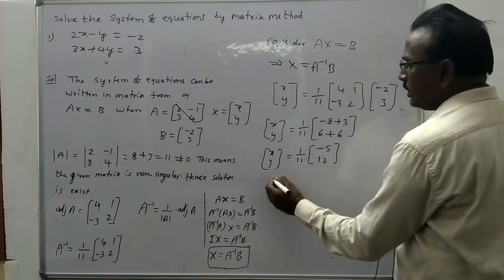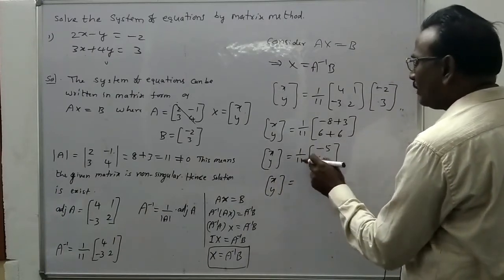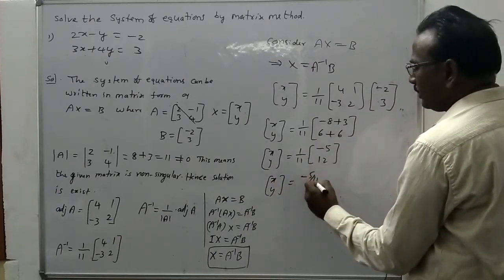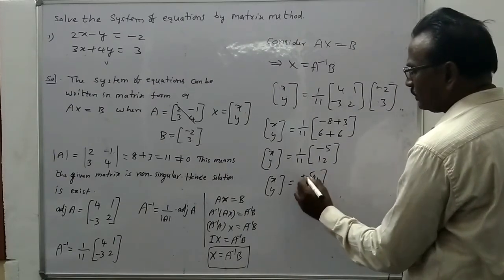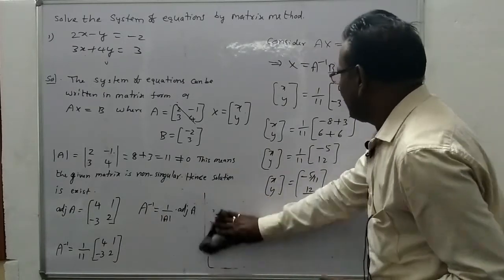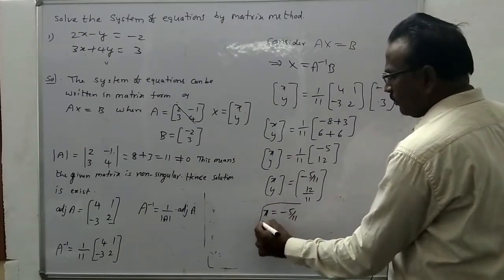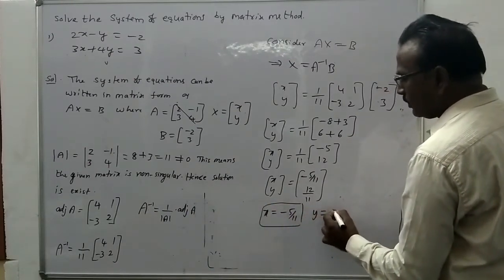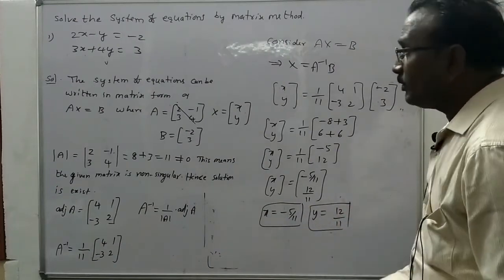Multiply every element by 1 by 11, that is minus 5 by 11 and 12 by 11. By equality of matrices, x is equal to minus 5 by 11 and the y value is 12 by 11. So these are the solutions of the given system of equations.